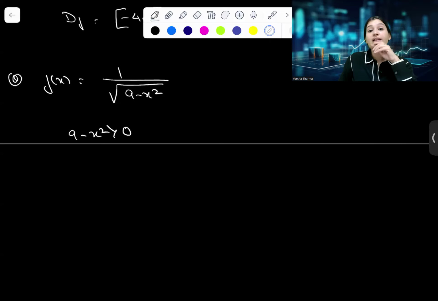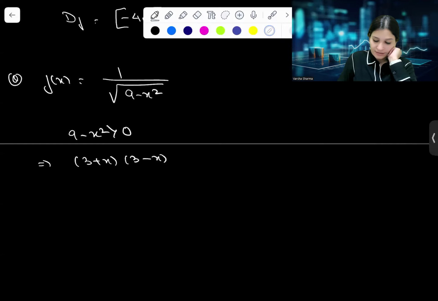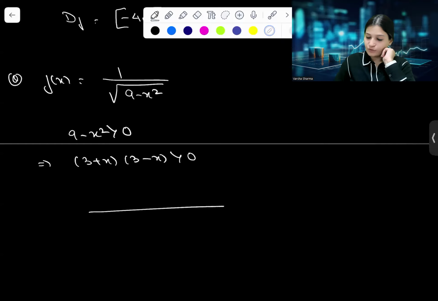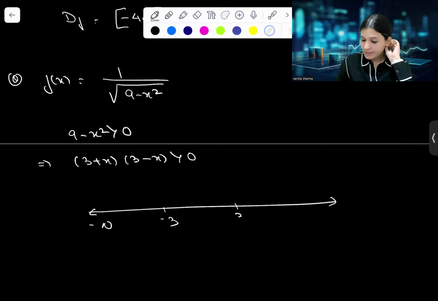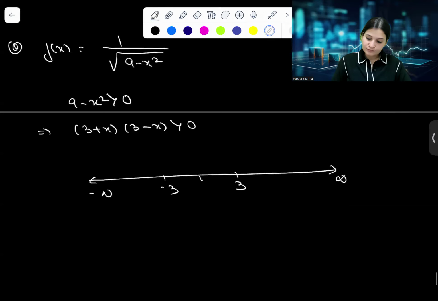In this case, I'm not even allowed to have 0. Why? Because it is sitting in the denominator. So this would be (3 plus x)(3 minus x). I'll have two answers, minus 3 and plus 3. If I take x equals 0, I'll get the function to be 1 upon root 9.